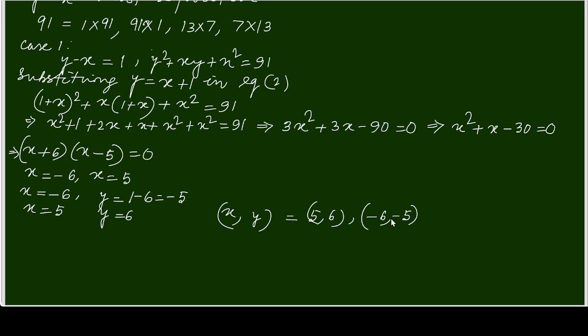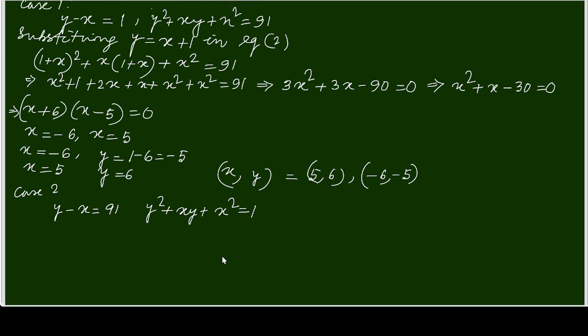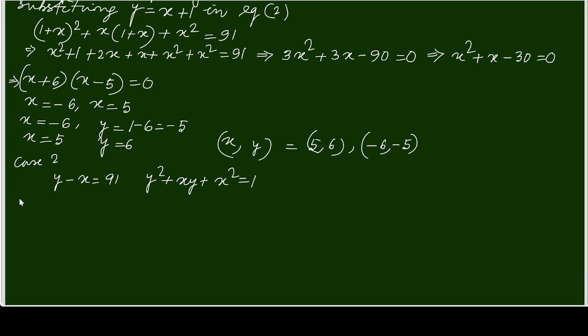Now case 2. Case 2 means y minus x equals 91 and y squared plus xy plus x squared equals 1. From these two relations you can say that no real solution is possible.